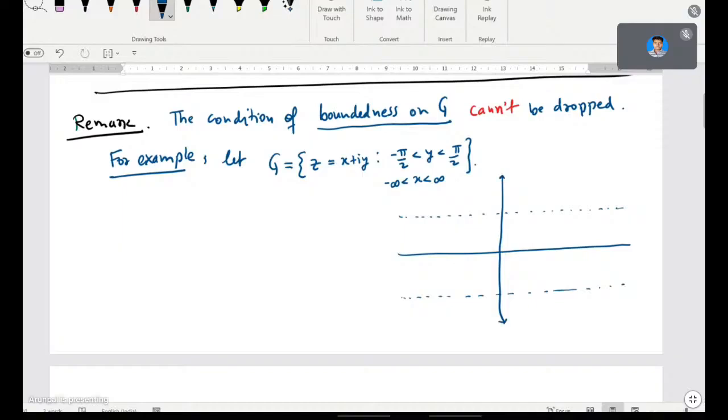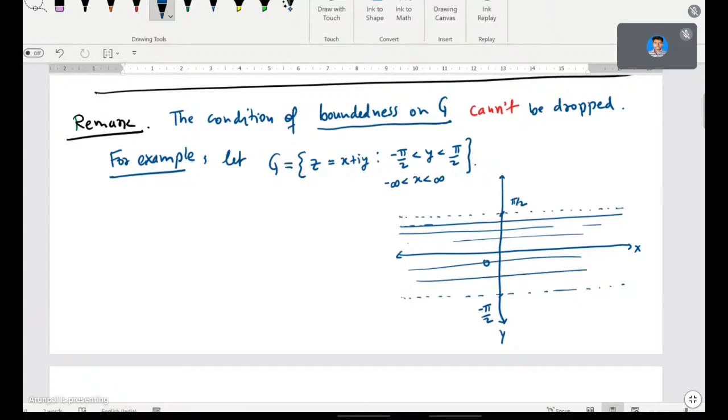This is y, this is x, this is origin, and this is pi by 2, and this is minus pi by 2. So there is no restriction on x, so I am taking this whole strip of infinite length. Is this okay, class?